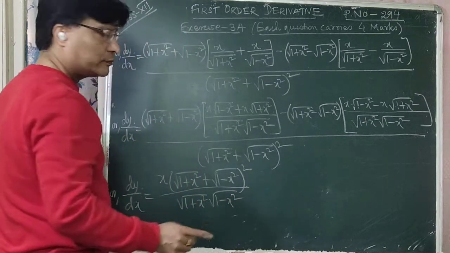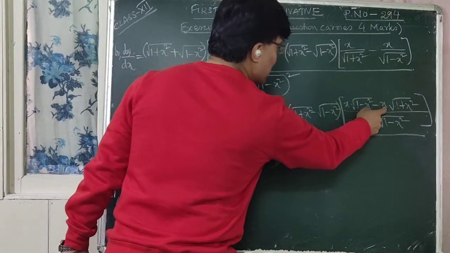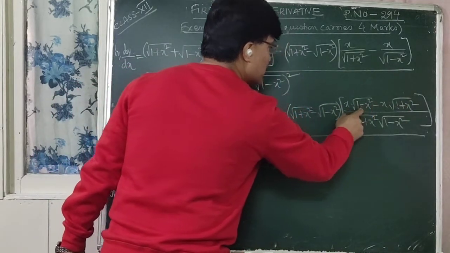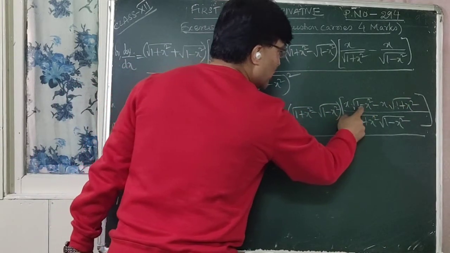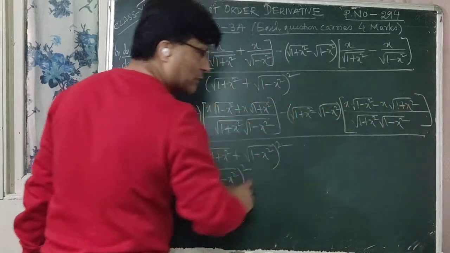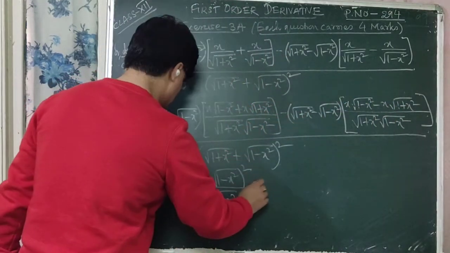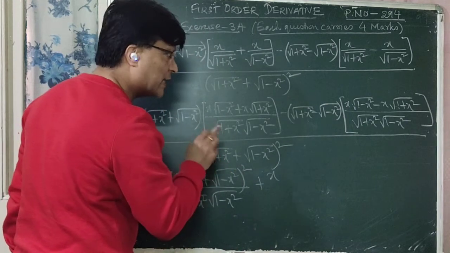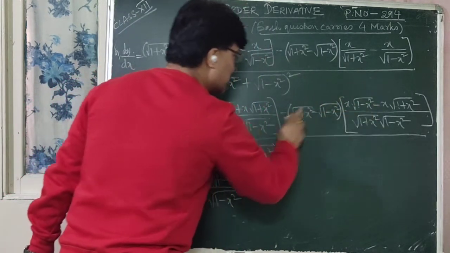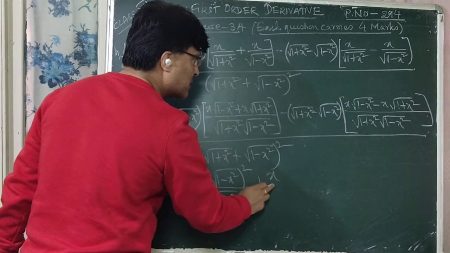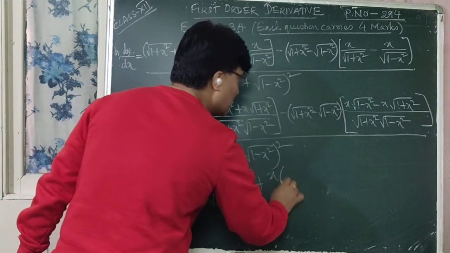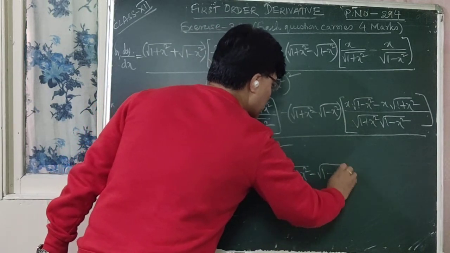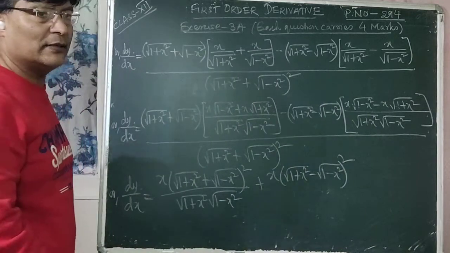So now here we take minus x as common here, and we write root over 1 plus x square as the first term, and root over 1 minus x square we will write as the second term. Okay, so minus with minus plus. So it is plus x, because minus x is taken common here, minus with minus plus x. Now it is root over 1 plus x square minus root over 1 minus x square whole square. Is that clear?